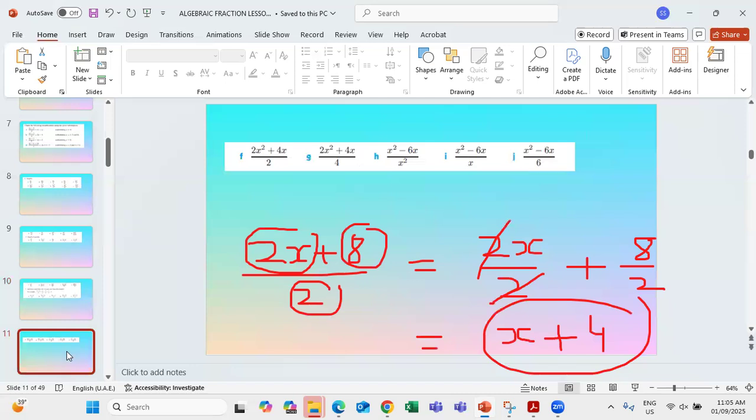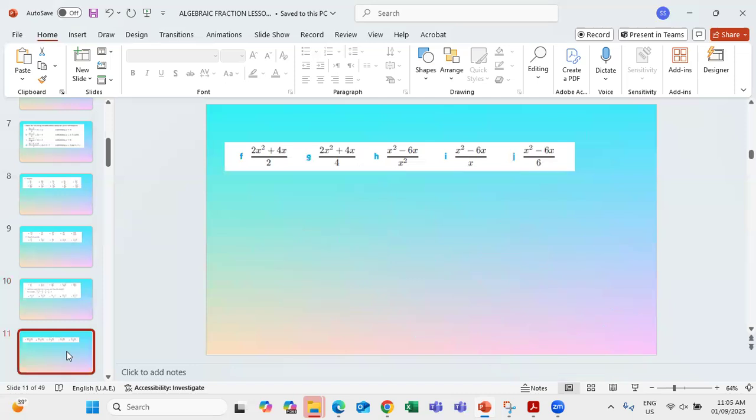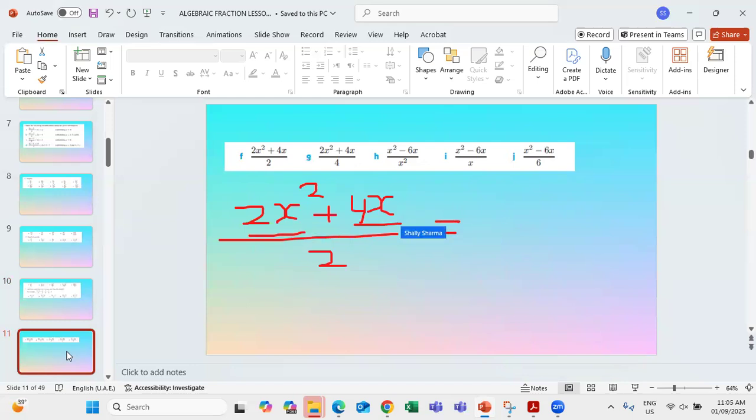Then we have these questions. In these questions, if you look at the numerator, there is only one expression and it has two terms. But if you see it carefully, you can see something you can write in the factored form. So first question is 2x squared plus 4x over 2. So what I can see from the numerator, I can take 2 common and I can take 1x also common.